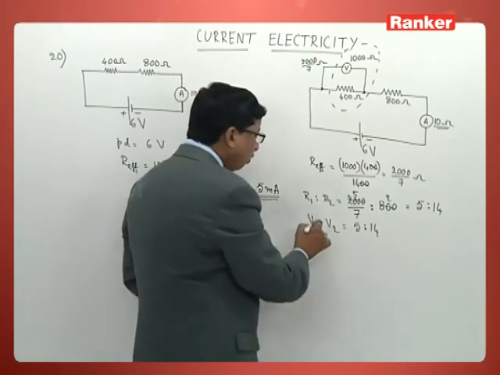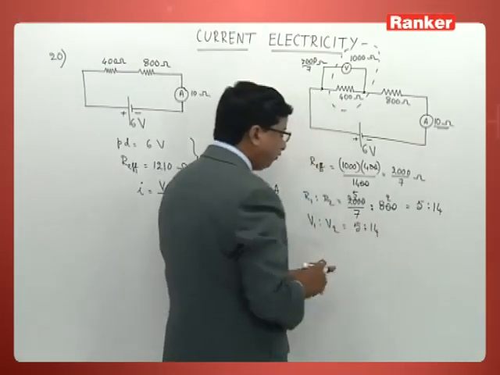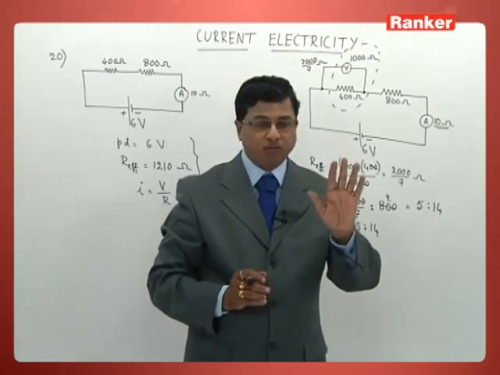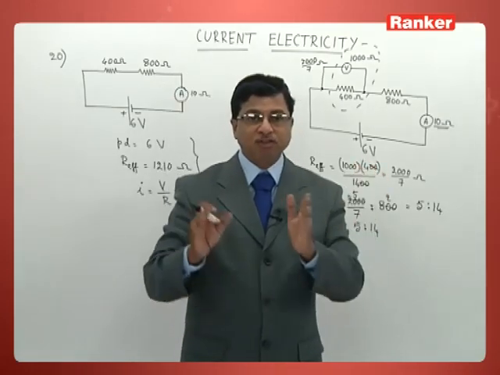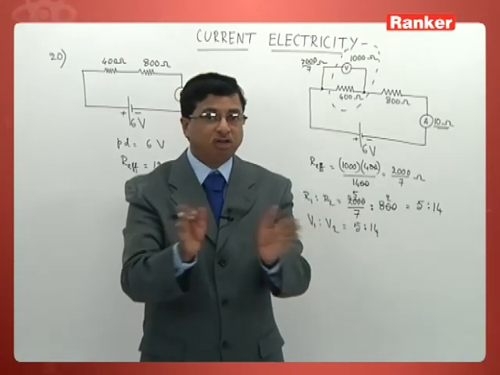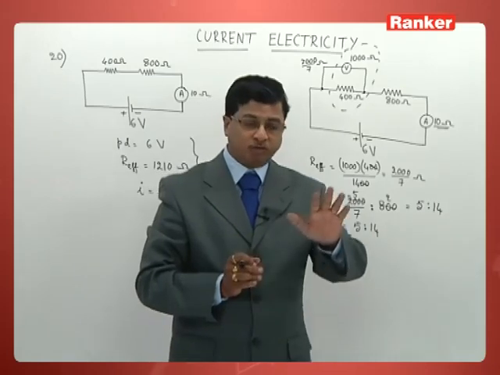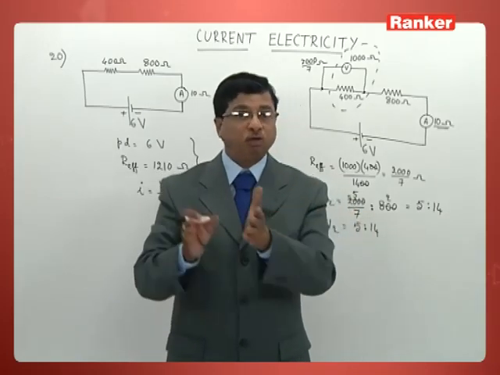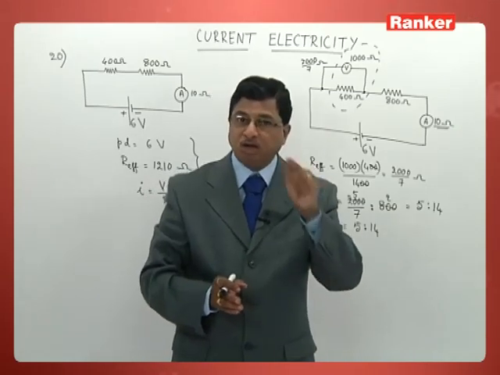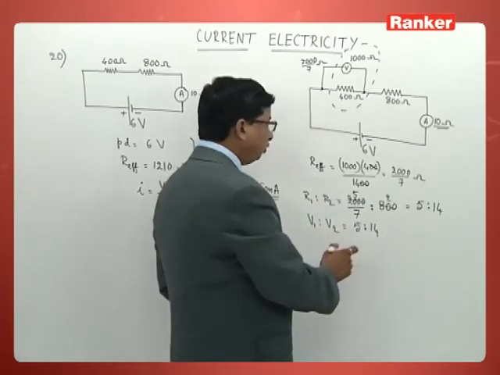Now I want, what is V1? Look carefully. 5:14 means for the first one 5 parts and for the second one 14 parts. We have to divide the potential that way. Total put together is 19 parts. So what should I write now?